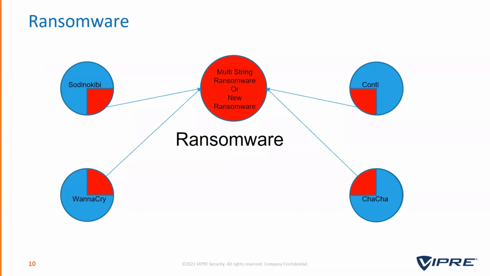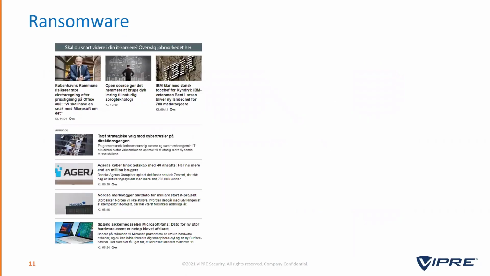So the two new types that we've seen, and they just started to sprinkle out this summer vacation, they're rather new and not that broad yet, but it is something we're gonna see in the future because they are a hell of a lot more effective than the old types of ransomware. So let me explain how it could be loaded. Now, this is an average Danish web page, Computerworld.